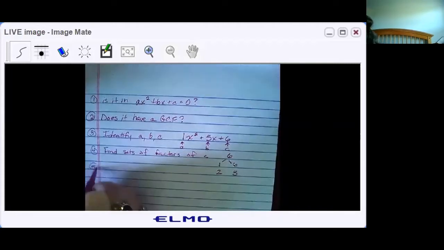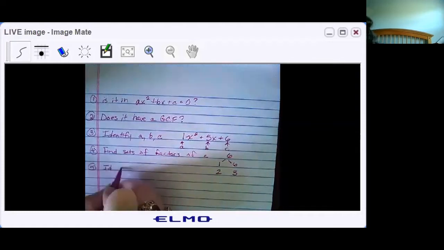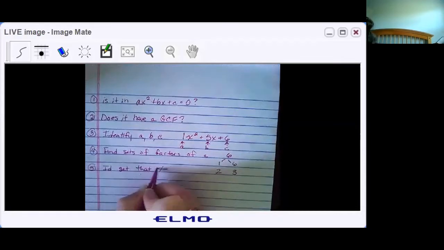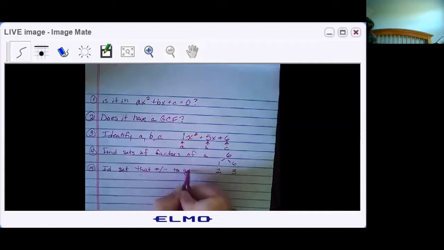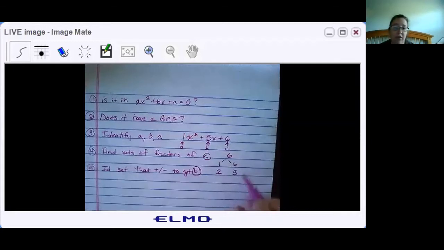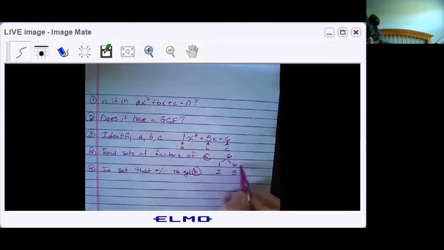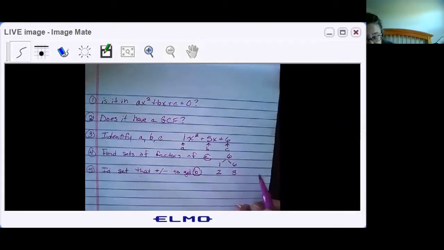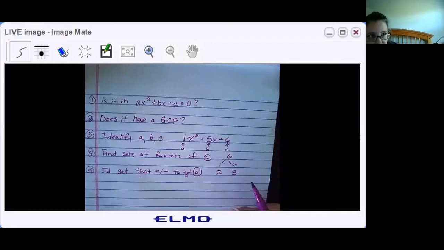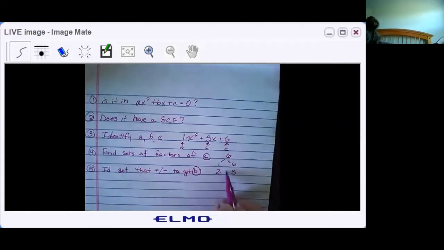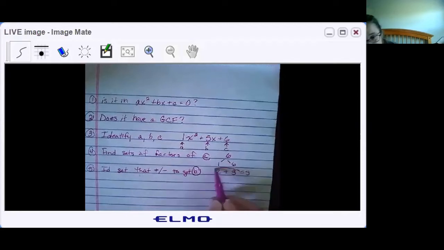Now, we want to identify the set that either adds or subtracts to get B. So which one of these will either add or subtract to give me 5? Well, 1 plus 6 is 7, and 1 minus 6 gives you negative 5. But I want a positive 5 here. 2 plus 3 gives me 5. So those are the two pieces I'm going to use.